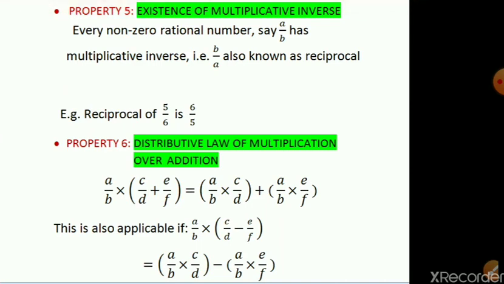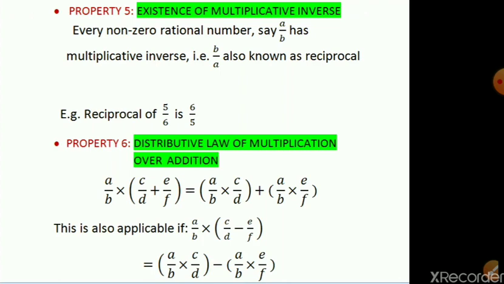Property 6, distributive law of multiplication over addition. Now in this case, if the order is arranged like a by b is multiplied with the summation of c by d and e by f, there's another better method of calculation, that is a by b is multiplied with c by d and a by b is multiplied with e by f.